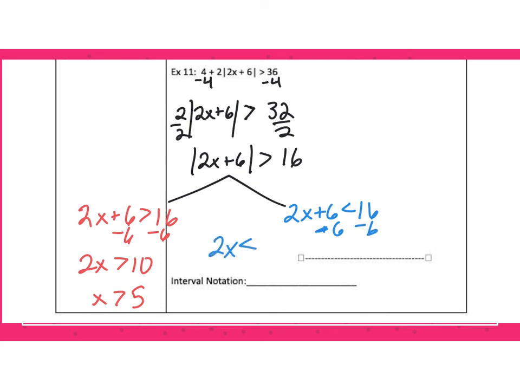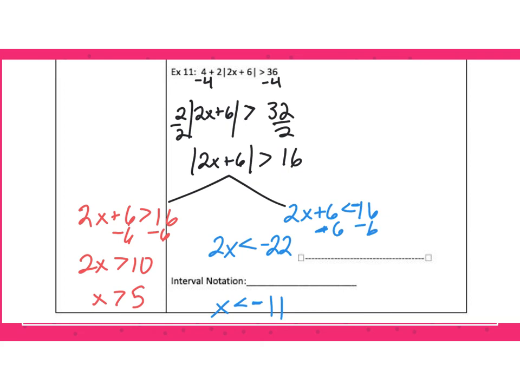2x is less than, ooh, I forgot to put a negative here. Negative 16 minus 6, which is going to be negative 22. And divide by 2. We don't have to flip the sign because that 2 is positive. We end up with negative 11. Okay, time to graph this one.